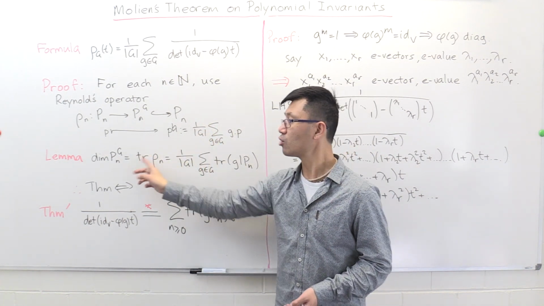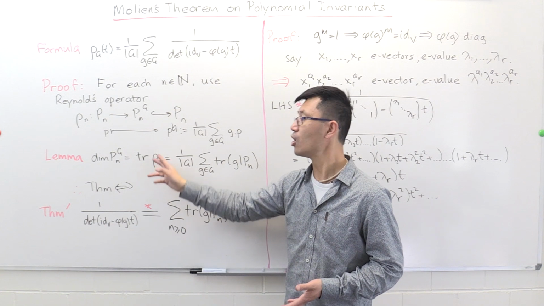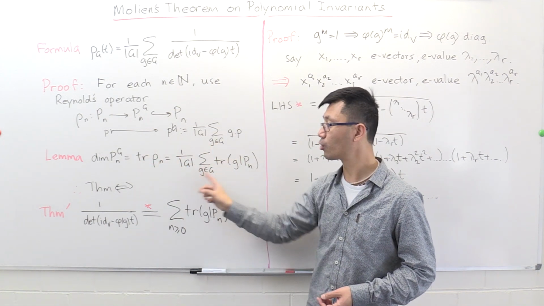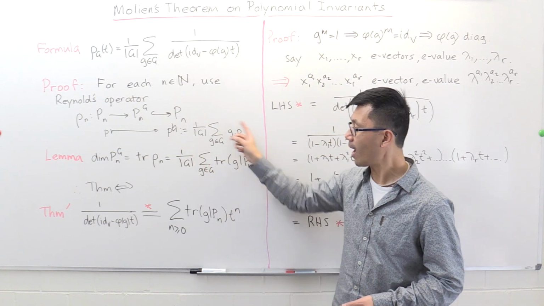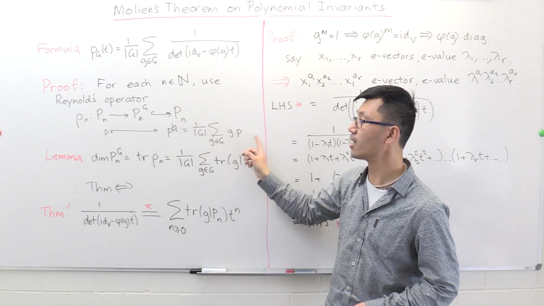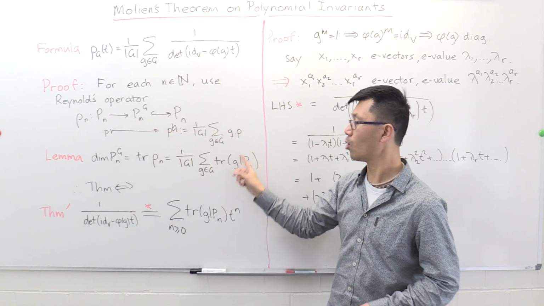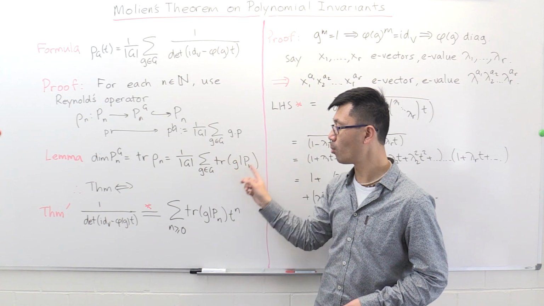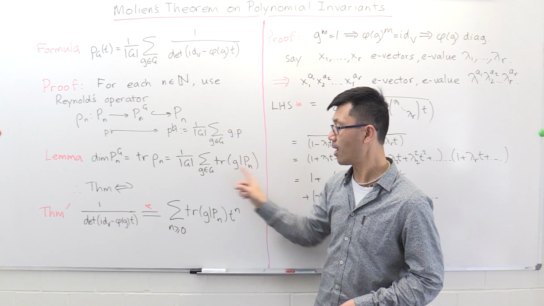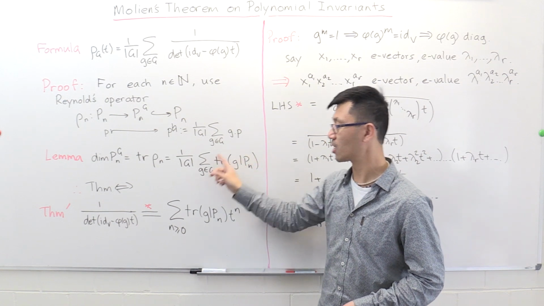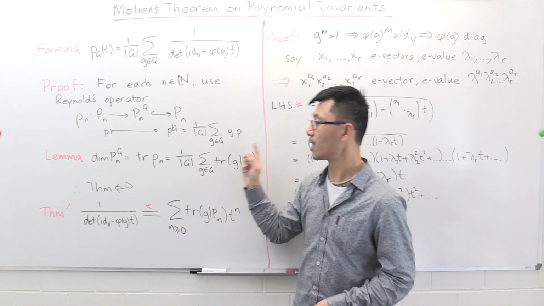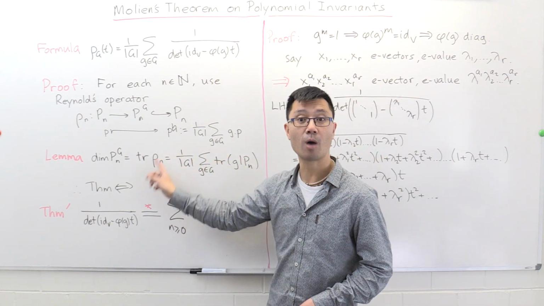Since the trace is a linear function, you can break up this trace of rho n into an average over the group as follows, where the actions that you're looking at here, the linear endomorphisms, are the action of G on this p, and this p is inside Pn. So we're going to denote by this notation here the linear endomorphism given by the action of little g on that subspace Pn. And we take the trace of this, and you take the average over the group, you get precisely the trace of this Reynolds operator.